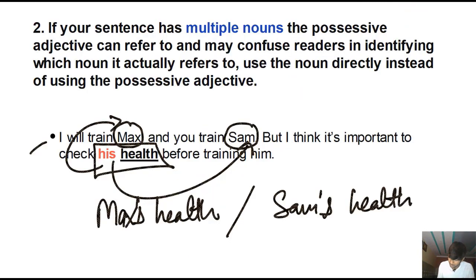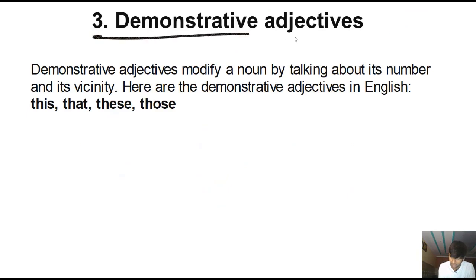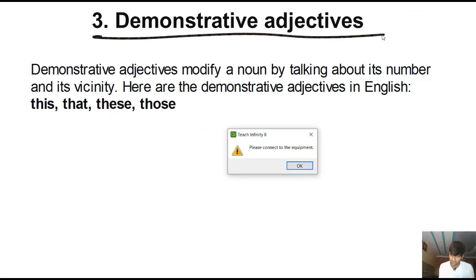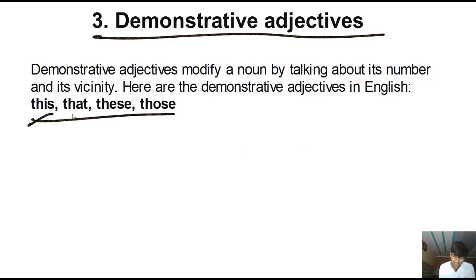Okay. The next is demonstrative adjective. Demonstrative adjectives are pointing adjectives. We have 4 demonstrative adjectives in English: this, that, these, those, right? So demonstrative adjectives modify a noun by talking about their number, whether they're singular or plural, whether they're one in number or more than one in number, and whether they are close to the speaker or far away from the speaker.